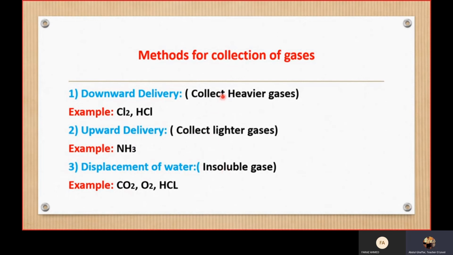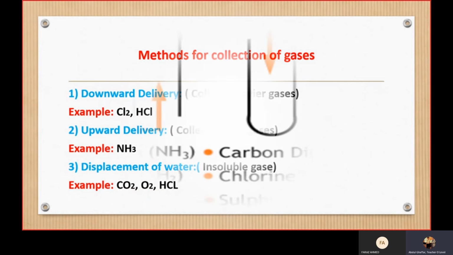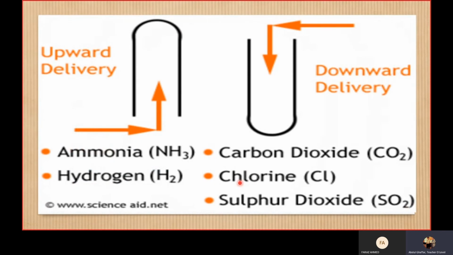So in the above two methods, downward and upward, we can collect the gases which are soluble. But here we can collect the gases which are insoluble, like CO2, O2, right? Okay, now look at this. These are the different diagrams. Upward, lighter gases can be collected, like ammonia, hydrogen, and this is downward.